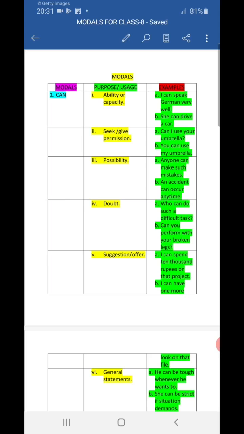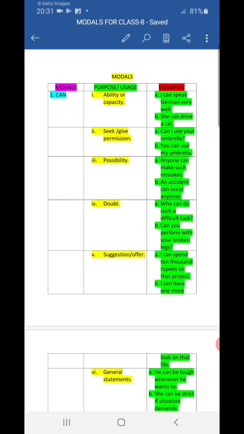Next, number 5, suggestion or offer. A. I can spend 10,000 rupees on that project.